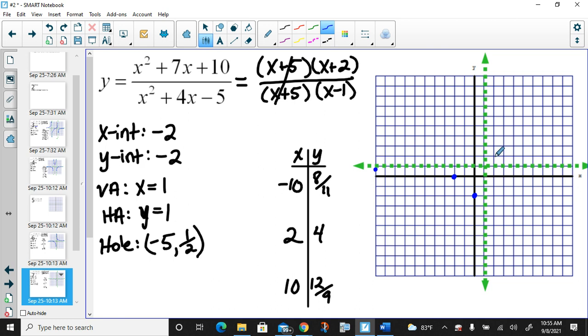We have 2, 4. And we have 10, 12/9, which is 1 1/3. Are these pretty obvious? Yeah. And we're done.